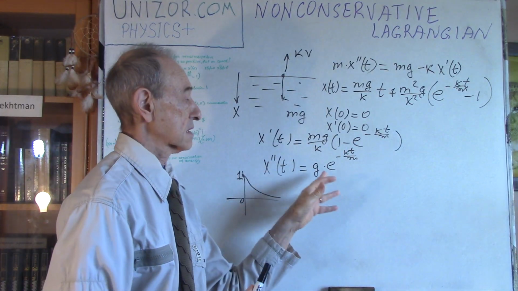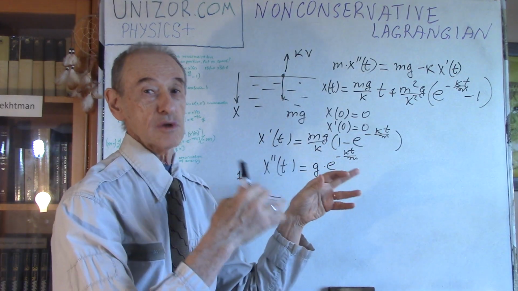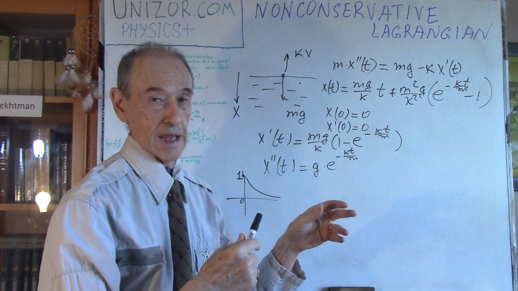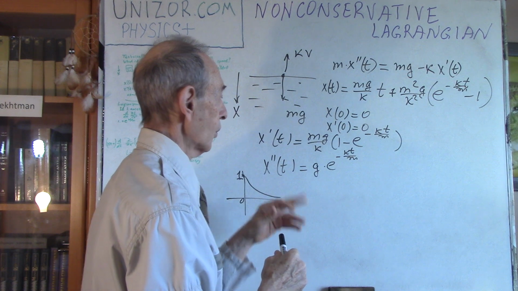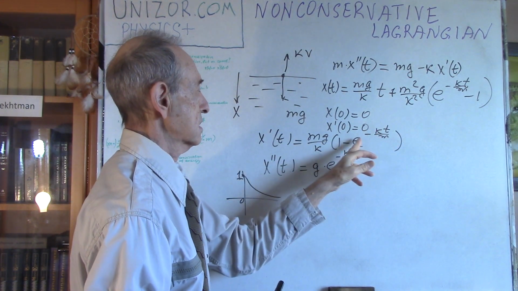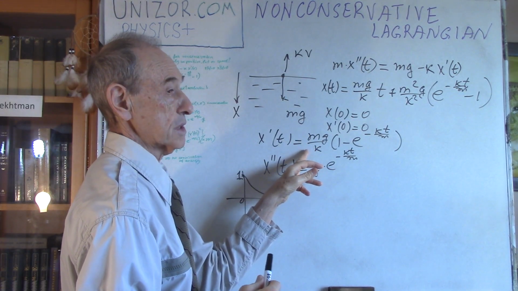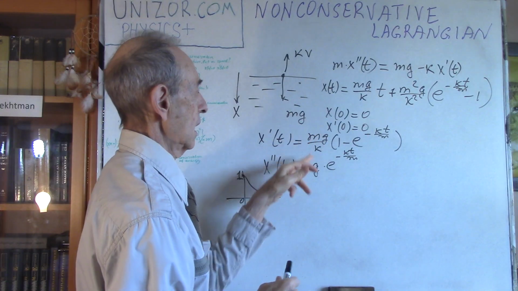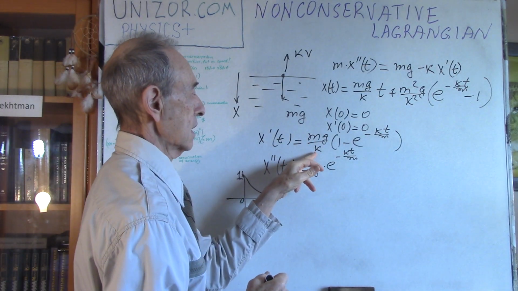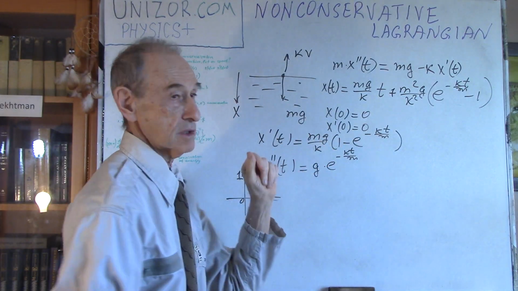However, since acceleration goes to 0, the increase of the speed is also going down. And as t goes to infinity, so this is 0, it goes to a maximum. Basically, it's a maximum speed. The limit speed is mg divided by k. This is 1 minus 0, so it will be only mg divided by k.